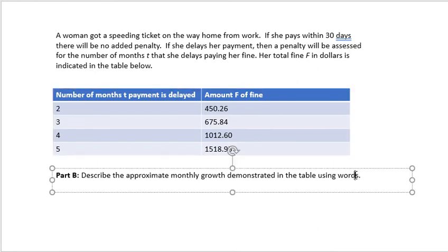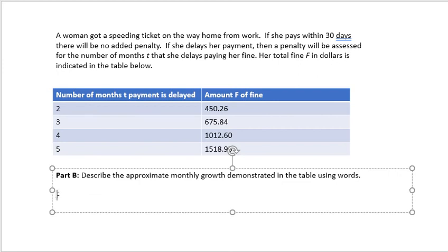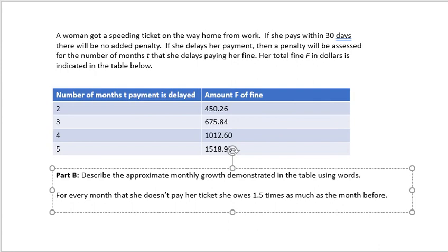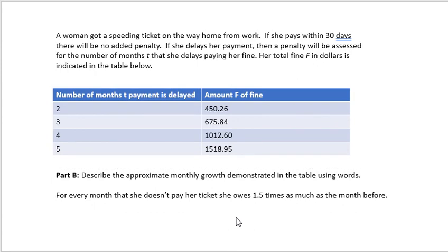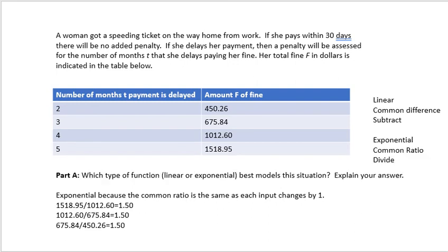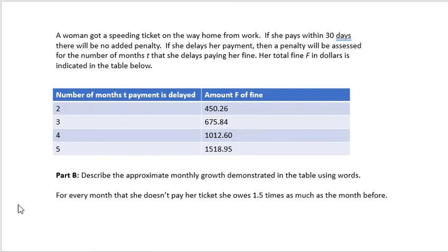So for every month that she doesn't pay her ticket, she owes 1.5 times as much as the month before. That's describing what's happening in the situation. So you're just going to take your growth factor that you found in part A and put it into a sentence to describe the situation that you have.